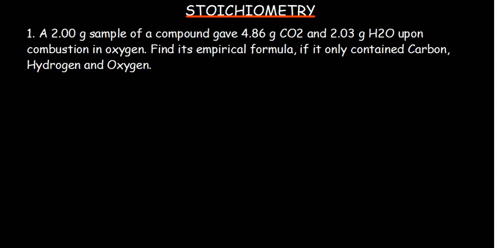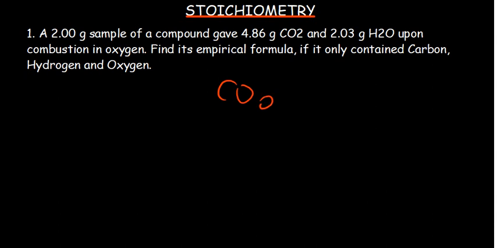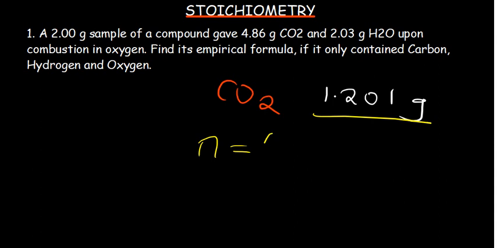When I'm given, for example, a formula of carbon dioxide, you're given the mass, and then they also give you the molar mass. Of course, the molar mass is something that is determined, alright? So the number of moles in such cases is mass over what? Molar mass. That's what I said.